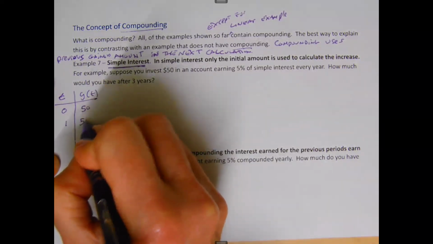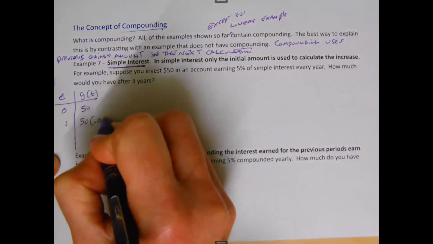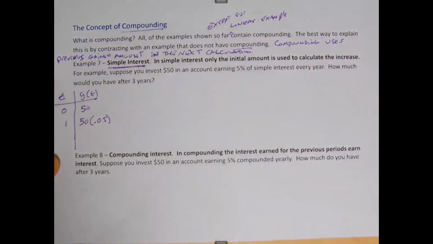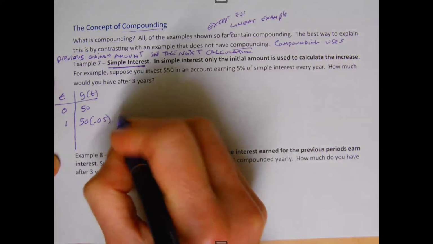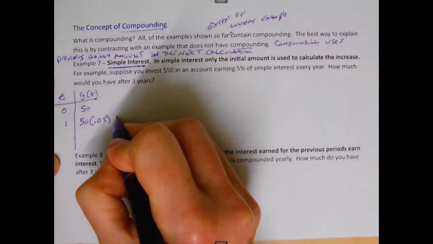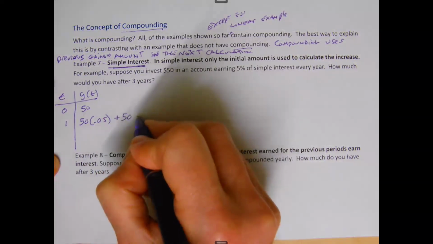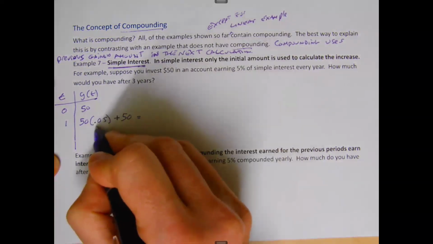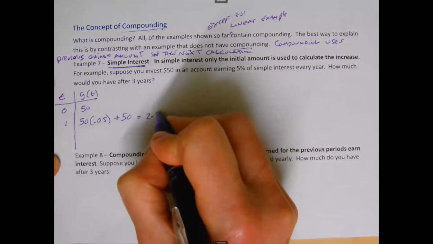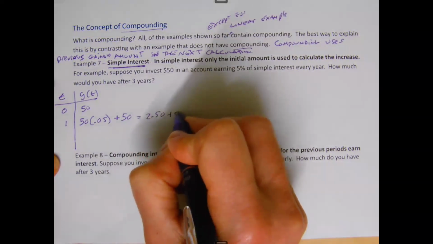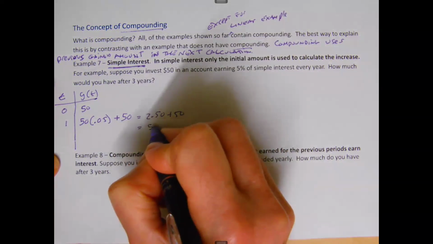You take the $50 and increase it by 5%, and then you add it. At first everything's the same: 5% of 50 is $2.50, plus 50 gives you 52.50.